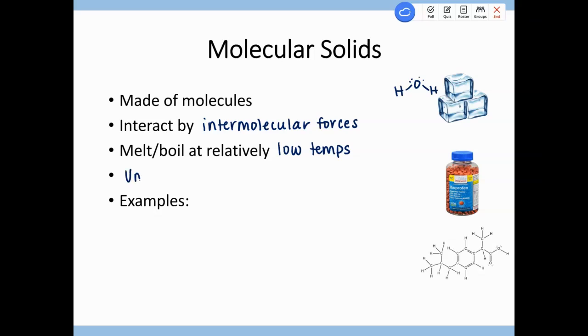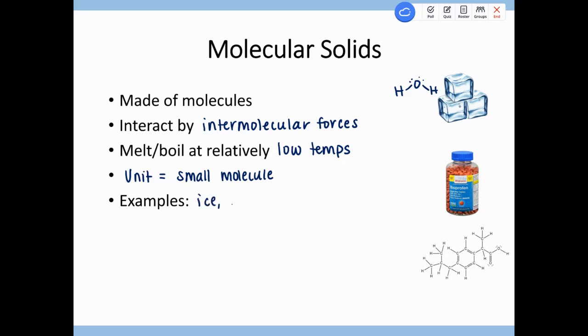One unit of a molecular solid is one molecule. They're generally small molecules. So the unit of ibuprofen, if we're talking about one single particle that still has the identity of ibuprofen, is the molecule ibuprofen.